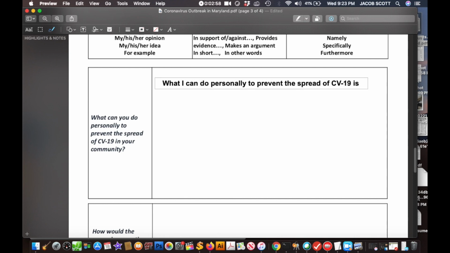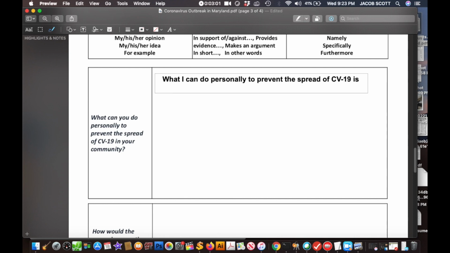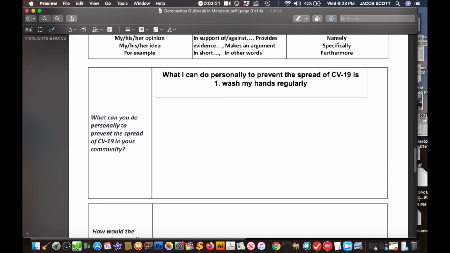one of the things I want to point out to y'all is that you can list things in bullet form. 1, wash my hands regularly. 2, avoid touching commonly touched areas in the community.